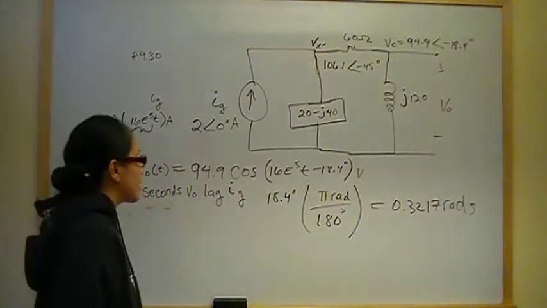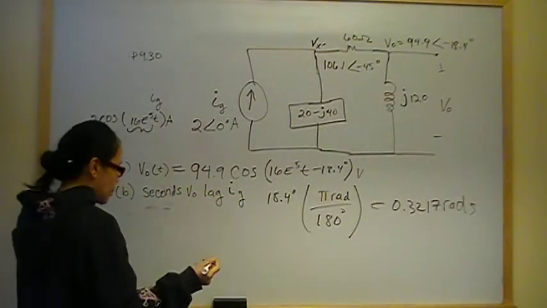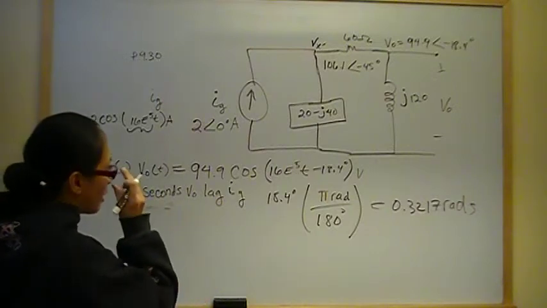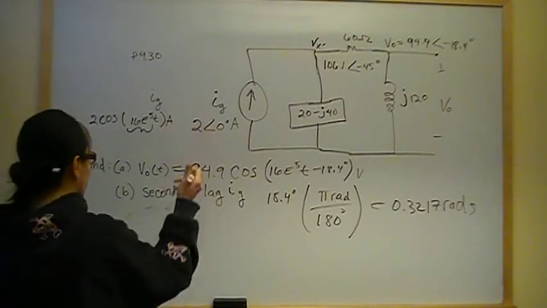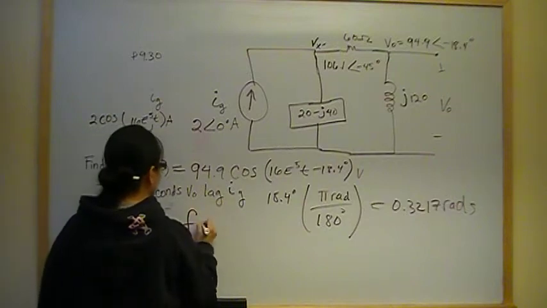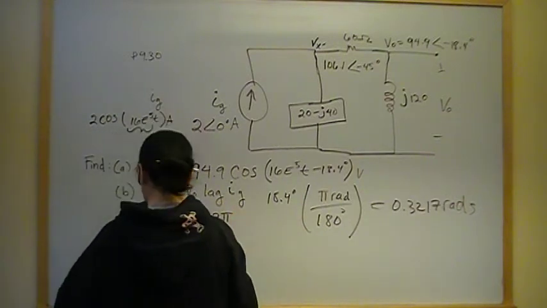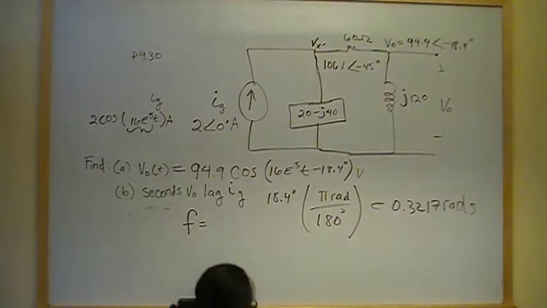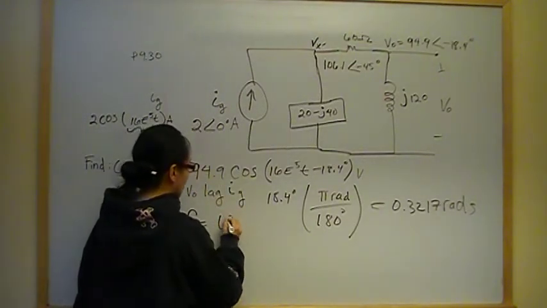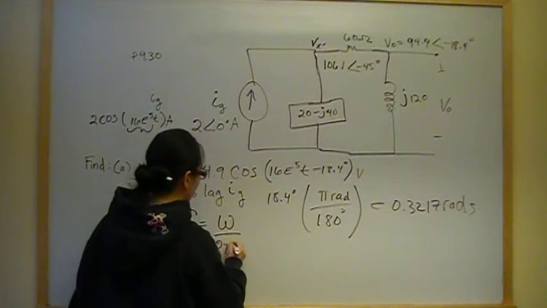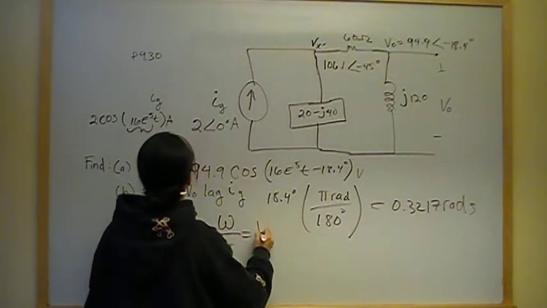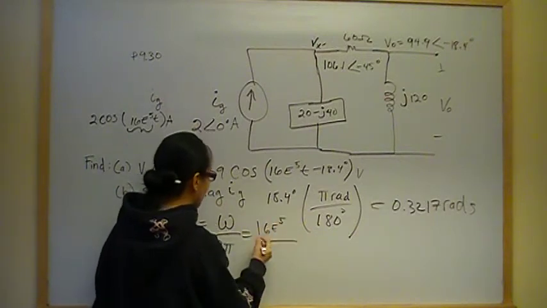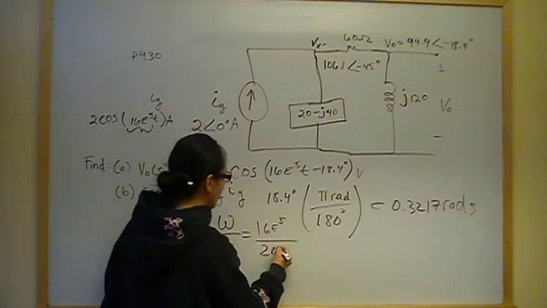Okay? Now the second thing we need to do is figure out how many radians there are in 1 second for this circuit. So frequency is omega over 2 pi. This is where the omega comes in, and it's going to be over 2 pi.